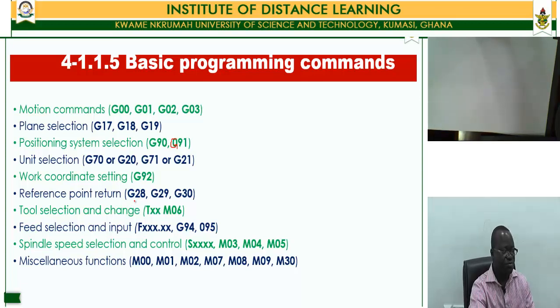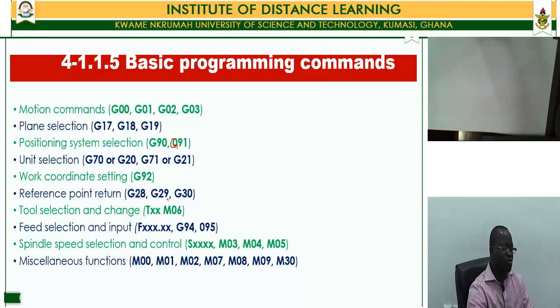We will look at reference point return. Sometimes the tool may be engaged in the workpiece, cutting the material, and you want to call the tool to a position where you can change to a new tool. Then there's a need to call the tool to return to the reference position where the tool change will be effected.